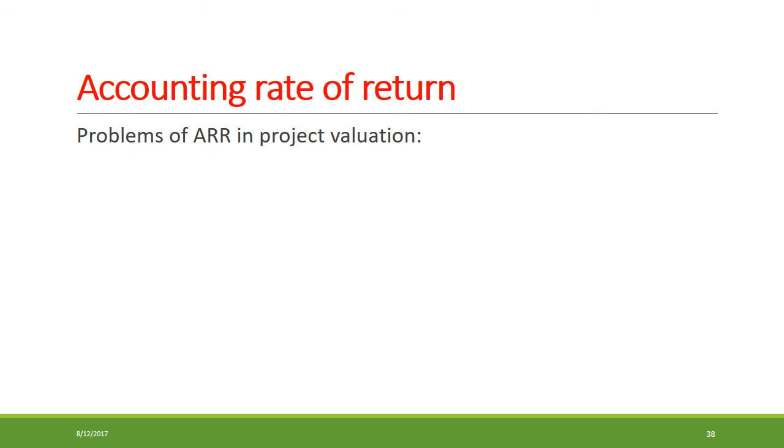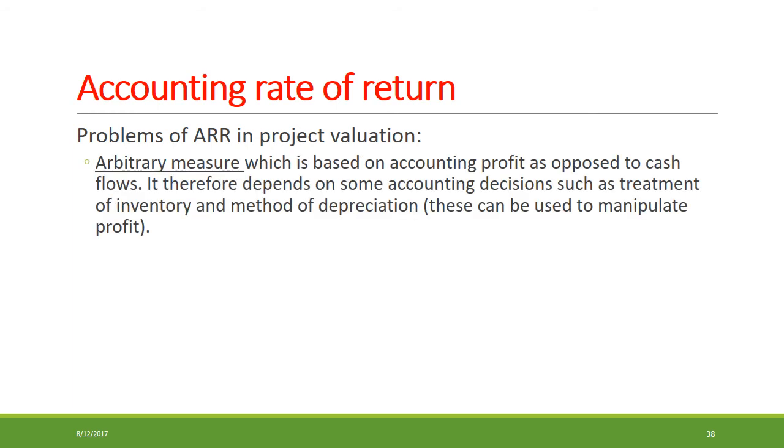The problems with this method are, firstly, we're using accounting profits. So it's more or less an accounting figure, right? With accounting figures, it's backward looking, and it's also subject to management manipulation, right?